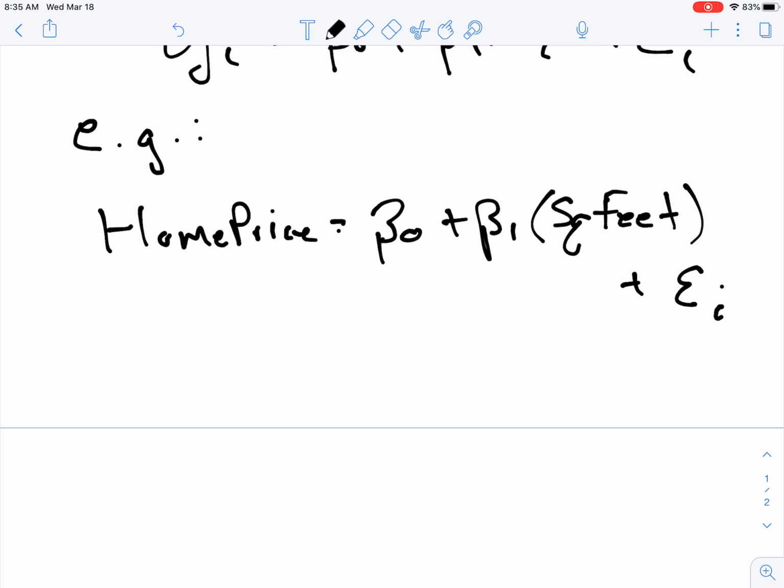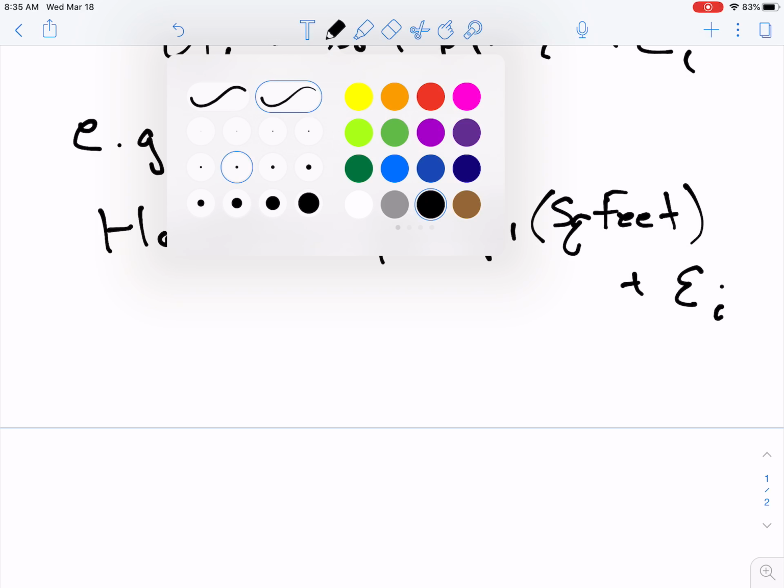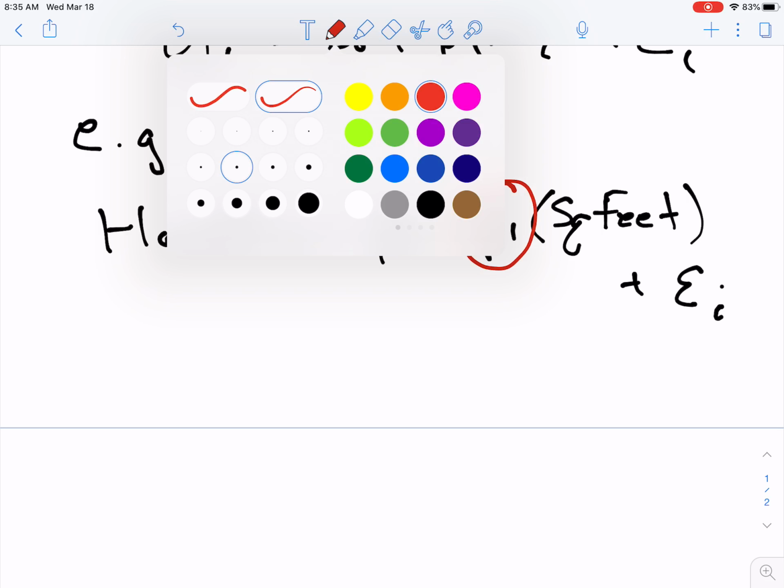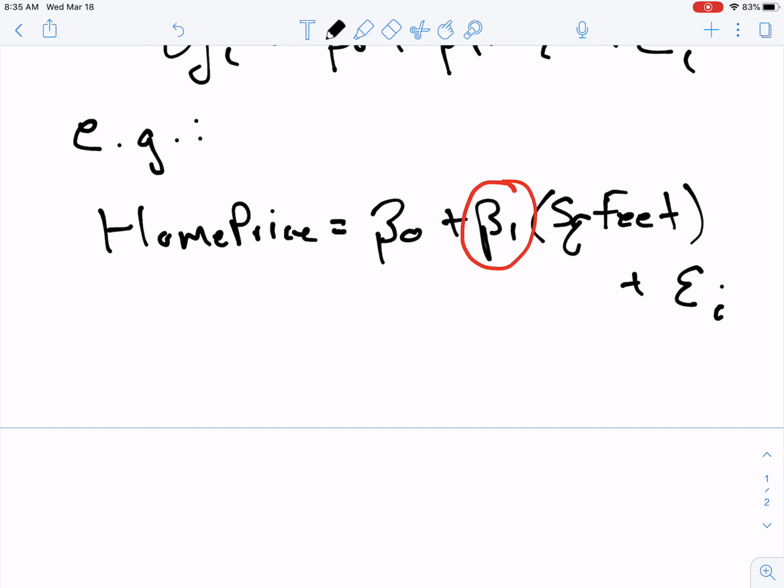That would follow a research question such as, does square feet affect home price, which would be a two-sided hypothesis test, or something like, do square feet increase home price, which would be a one-tailed hypothesis test about the population slope, because that's really what we usually care about in regression, the relationship between the two variables, which is defined by the slope term.